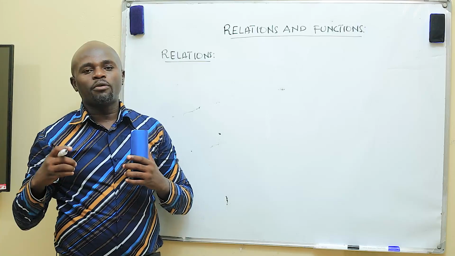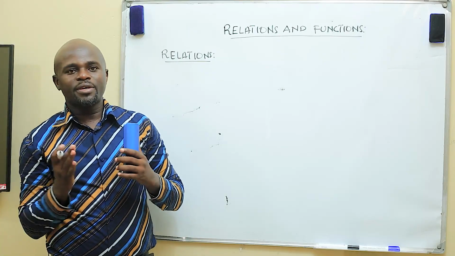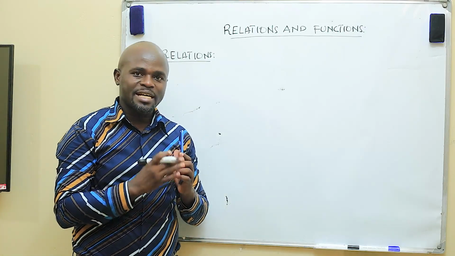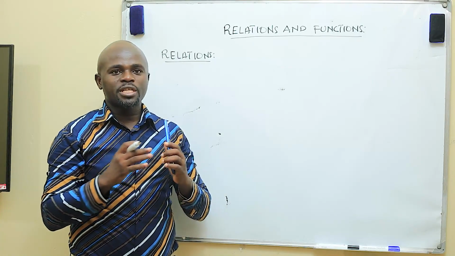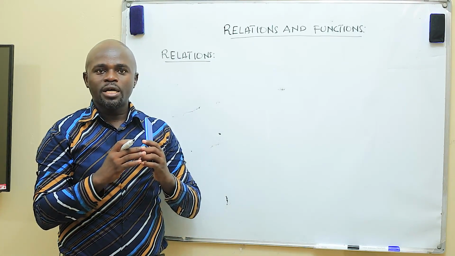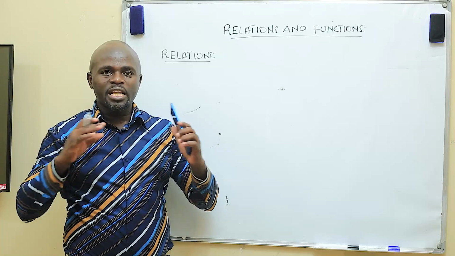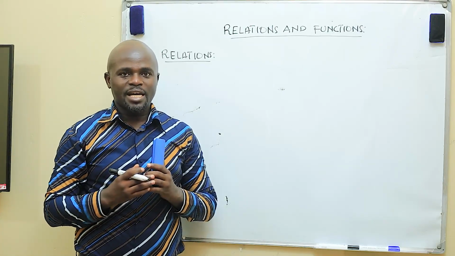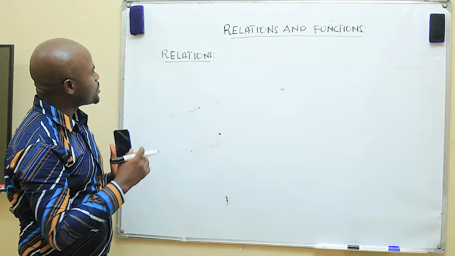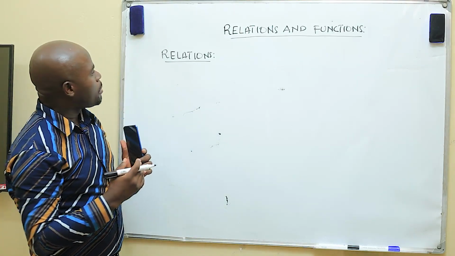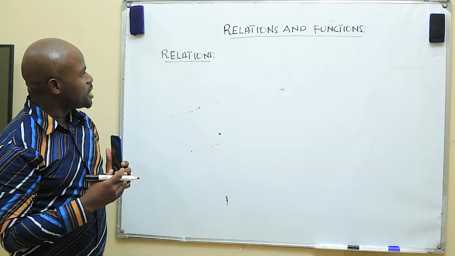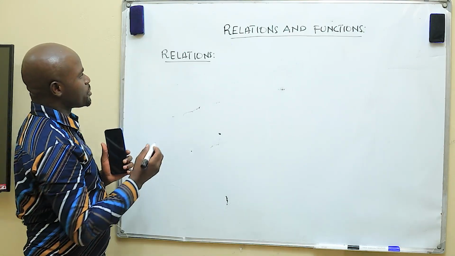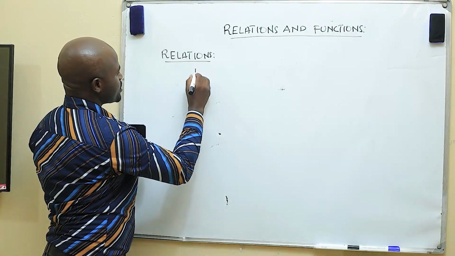We have some elements of the first set and some elements of the second set, and we see how the elements of the first set relate with those of the second set.